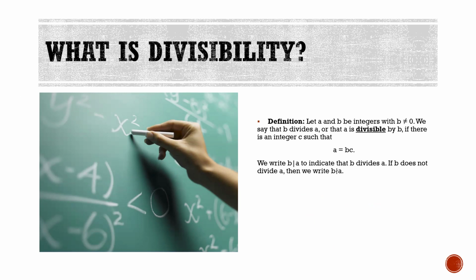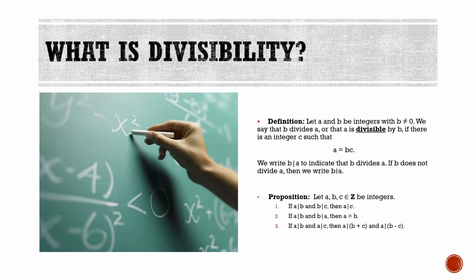Now, we actually have some really cool properties, namely that if A divides B and B divides C, then A divides C. This is called the transitive property. That should be kind of obvious. Also, if A divides B and B divides A, in other words, they divide each other, then they are equal.